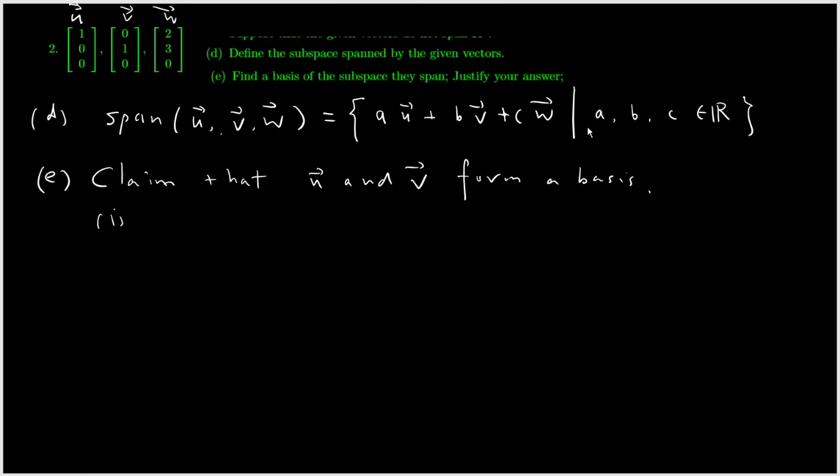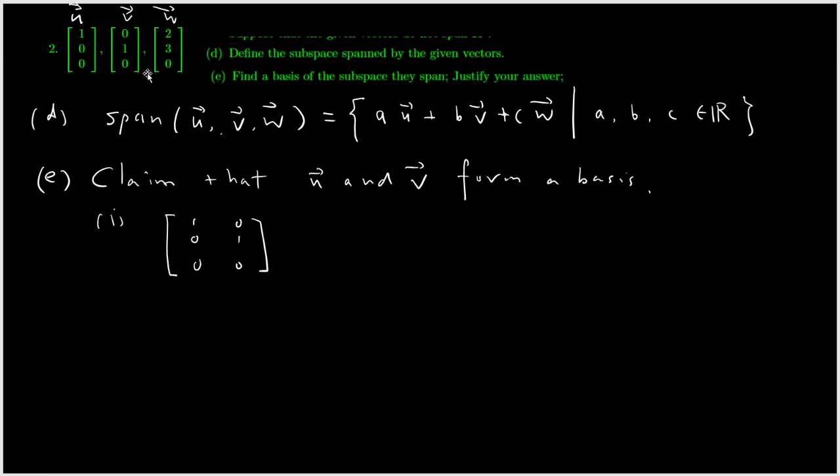So to show that, this one is easy, right? You look at U and V, you put the components of U and V in columns. We use the shortcut method. In columns 1, 0, 0, so 0, 1, 0. The first column has components of U. The second column has the components of V. Right?